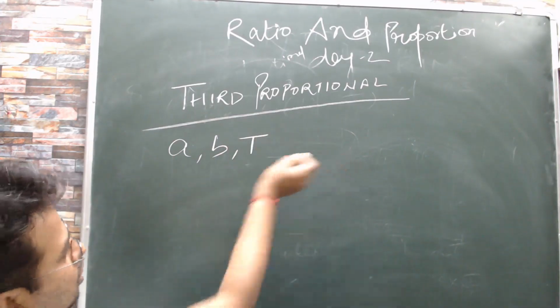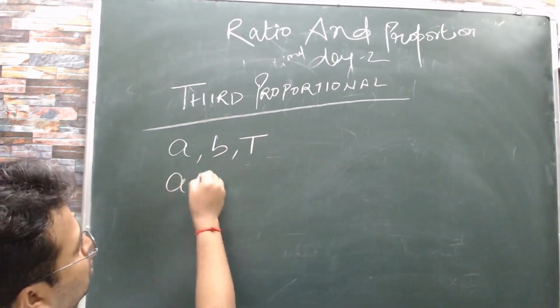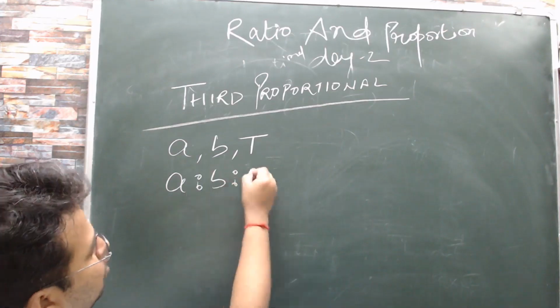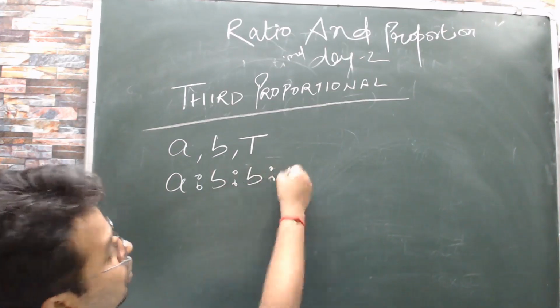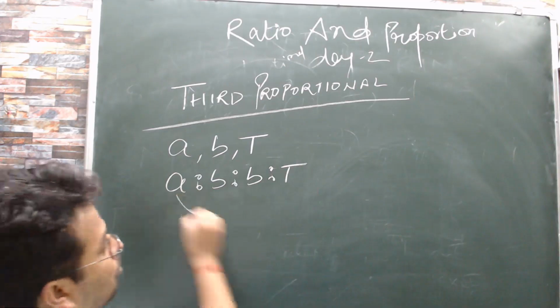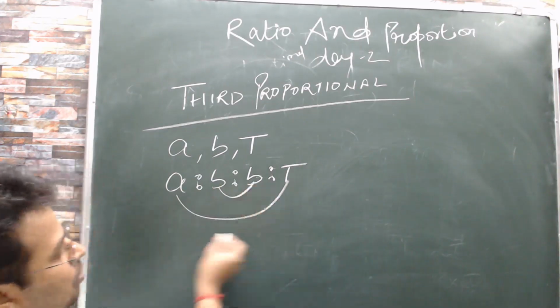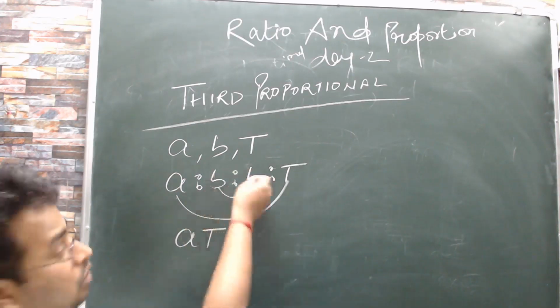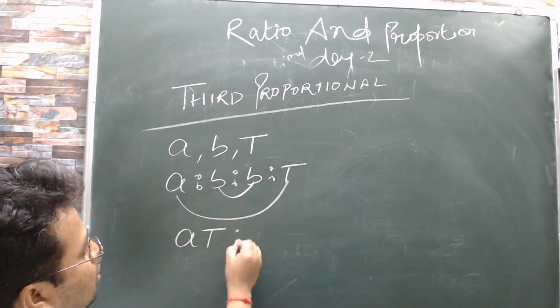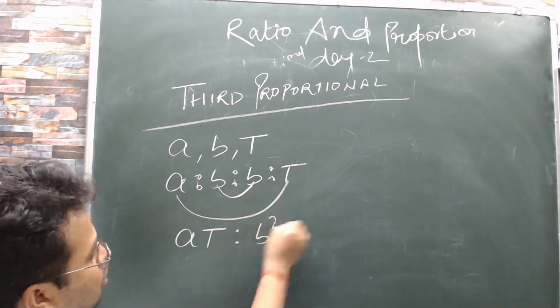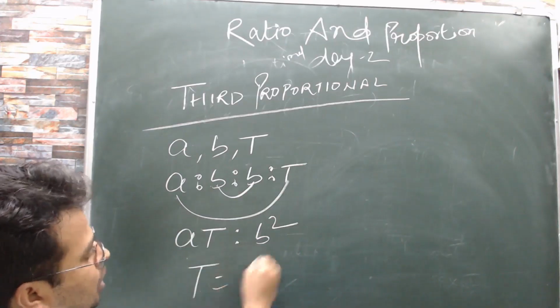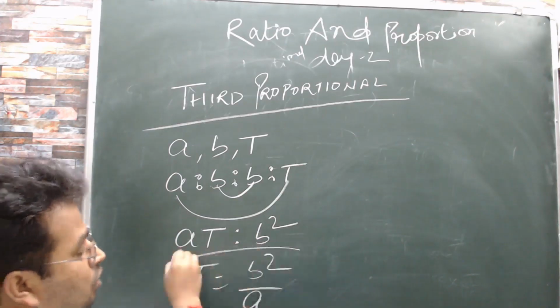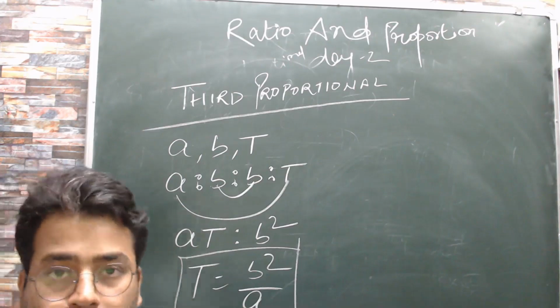This is T. So how can you write it in proportion? A ratio B proportion B ratio T, right? So AT, this extreme term multiplied by this one, AT equals B square. So what is the value of T? B square upon A. So this is your third proportional, right?